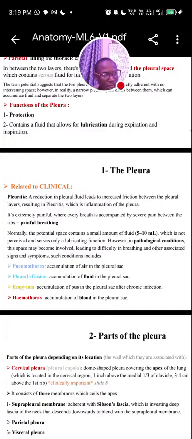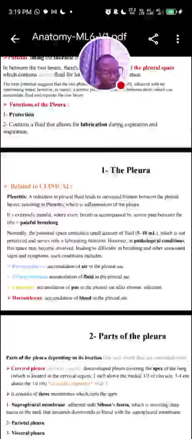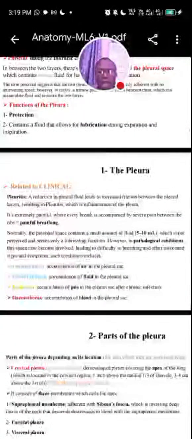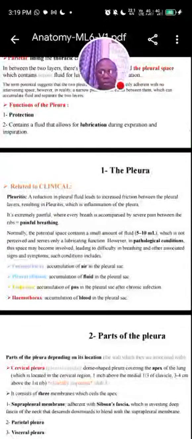Hemothorax is if blood happens to be in that pleural space, that potential space. The next one is empyema. And then the last one, pleural effusion.